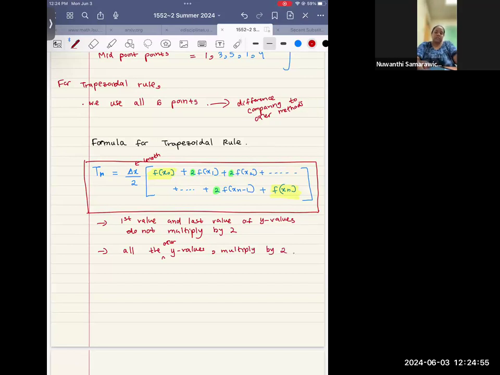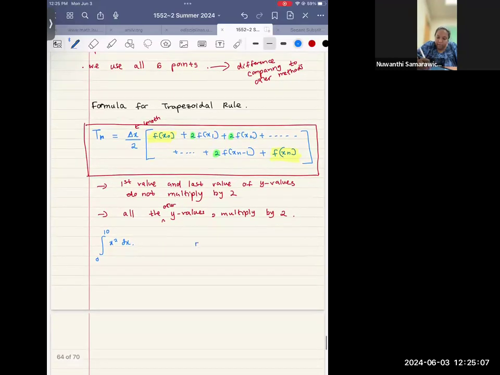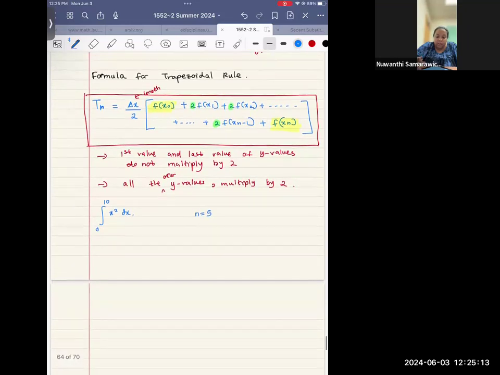Okay, so let's do this question. We have to find the integral from 0 to 10 of x squared dx, and we took n equal to 5. So let's use the formula now.